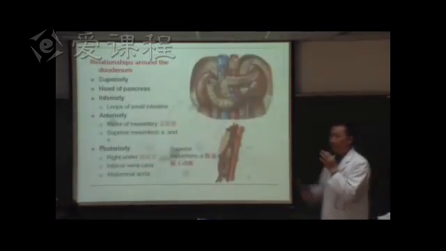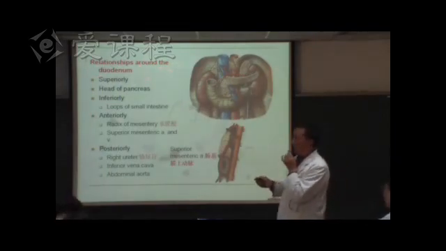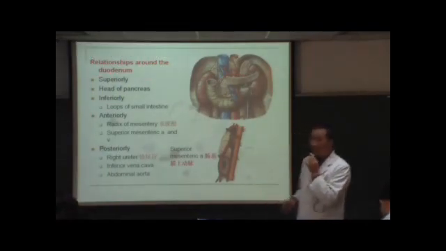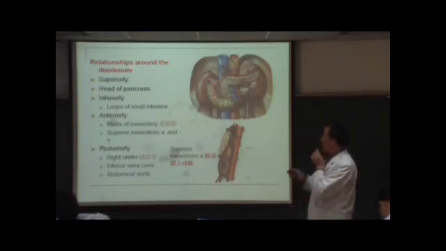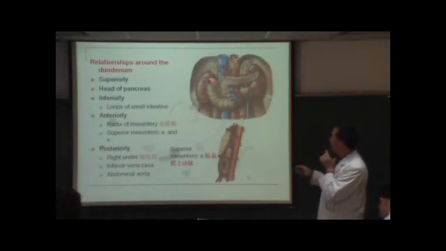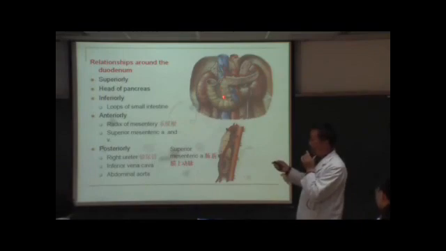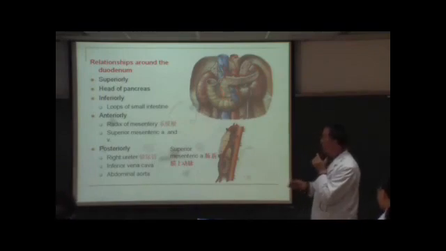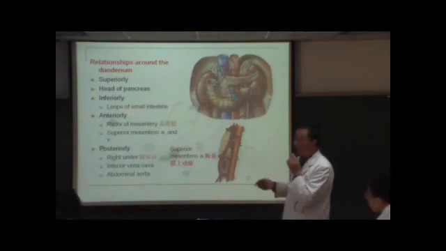And then you should know the relationships around the duodenum, 12指肠的一些比邻关系. This is the duodenum. Superior to the duodenum is the head of the pancreas, inferior to the duodenum is the loop of the small intestine.